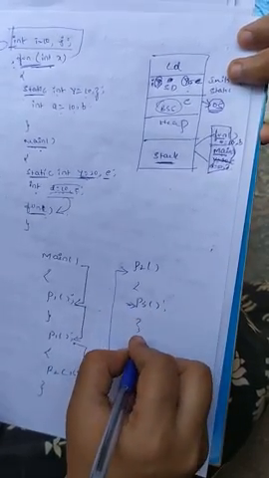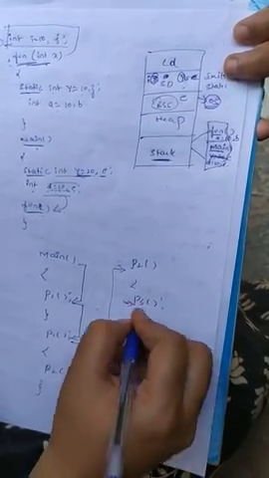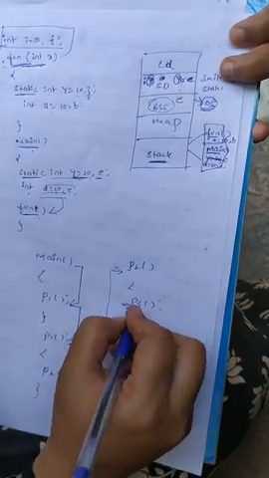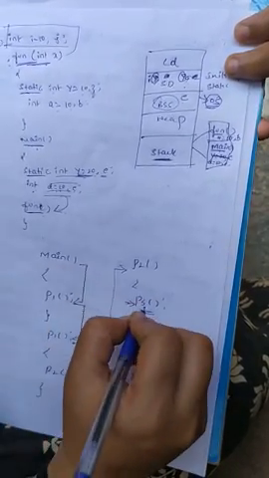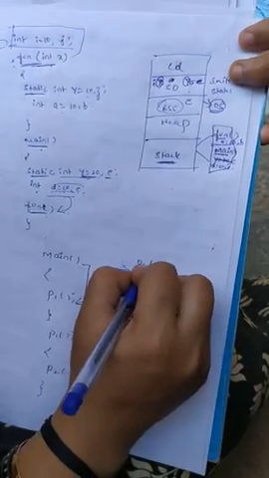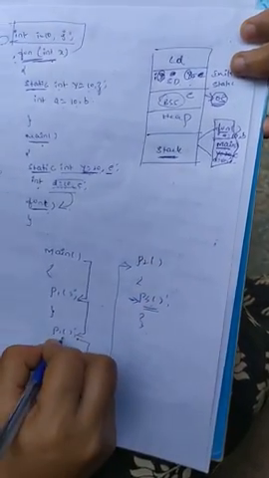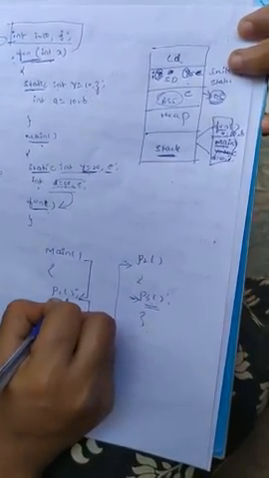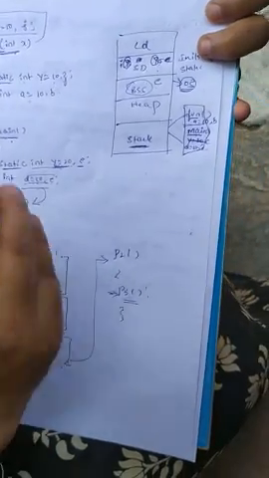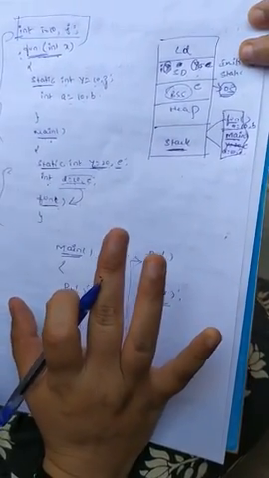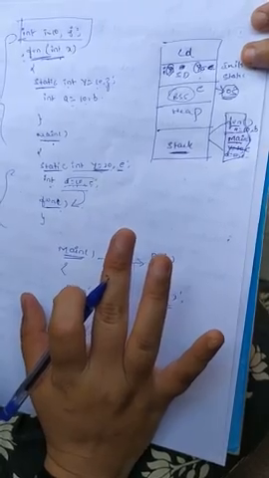There is no further function inside p3, so after this we have to return. P3 will return the value to p2, p2 will return the value to p1, and p1 will return the value to the main function. So this is how the structure works in the runtime environment.